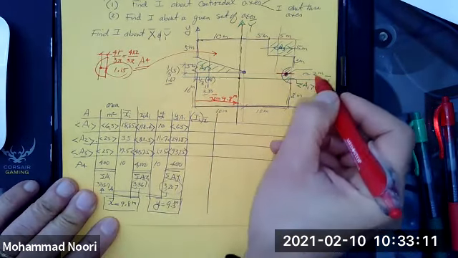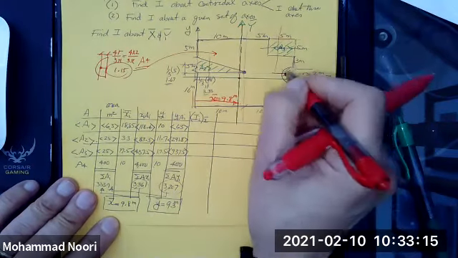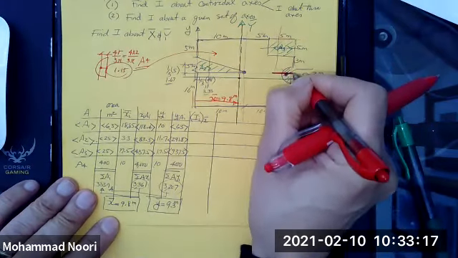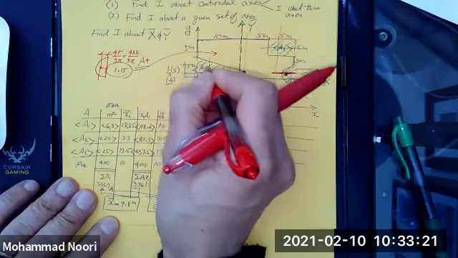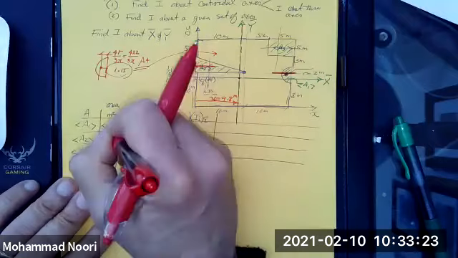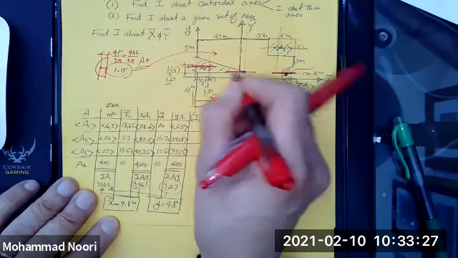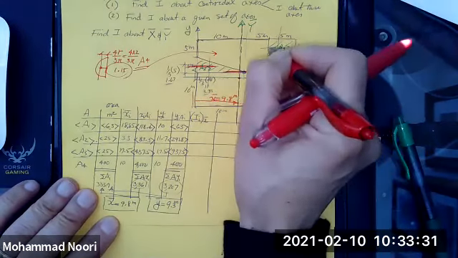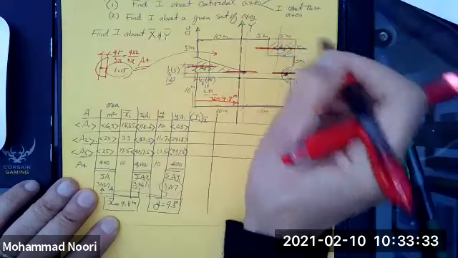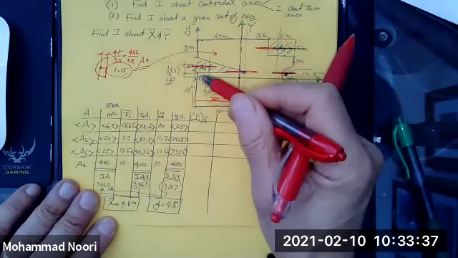For this one, this is the x centroidal axis of this shape. For this one, this is the x centroidal axis. For this one, this is its x centroidal axis. So I need to find the moment of inertia of each shape about these axes.